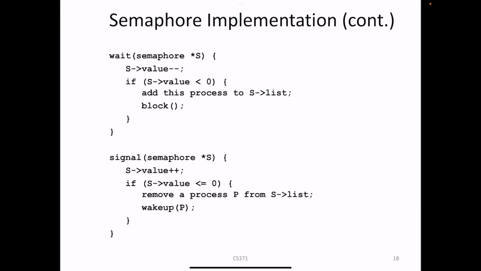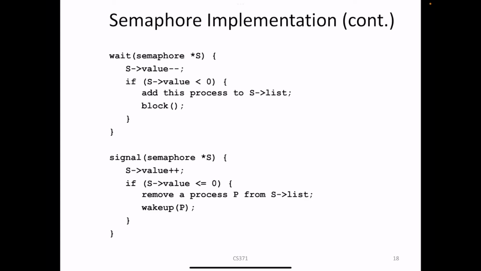Then one more process calls the wait function, so the semaphore becomes -2, and this process will be put onto the waiting queue and blocked as well. Currently, the integer value is equal to -2, and two processes are on the waiting queue now.